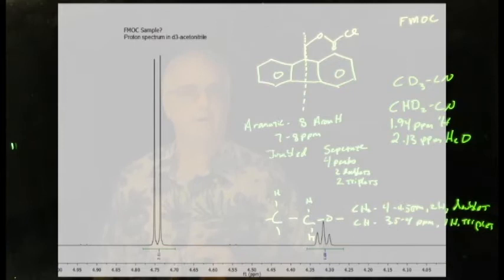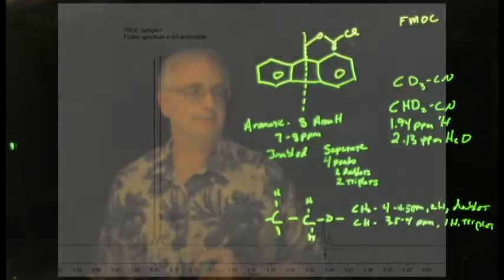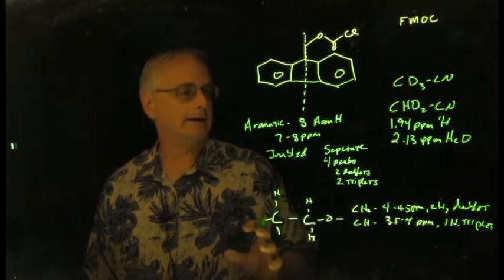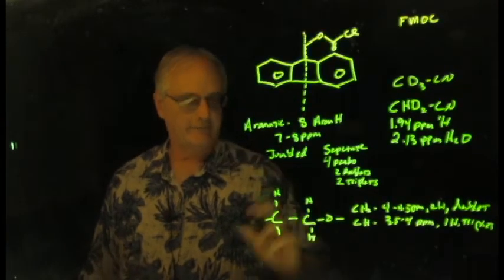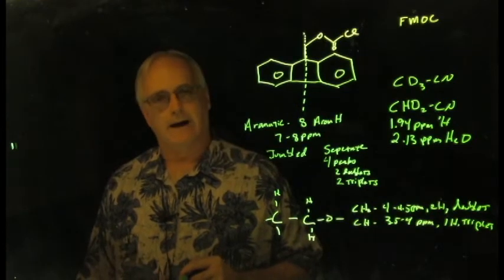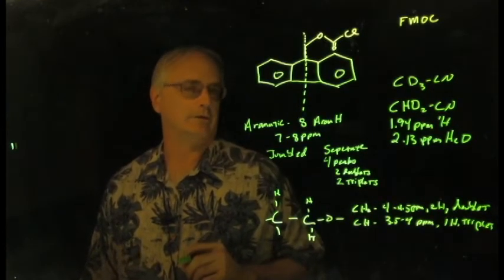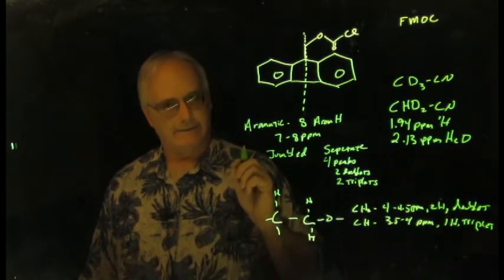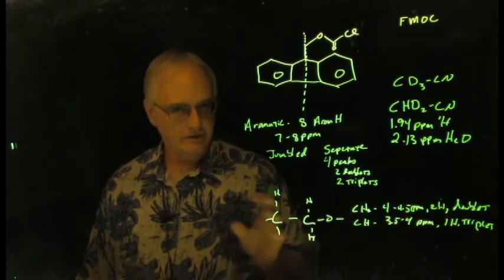It does integrate to 1, and it's actually a little bit higher than my back-of-the-envelope calculation told me it was going to be. It's actually around 4.2 ppm. But that's okay. I can handle that. And everything else matches up beautifully. The proton spectrum tells me that this sample is almost certainly FMOC. It is not contaminated with much else.